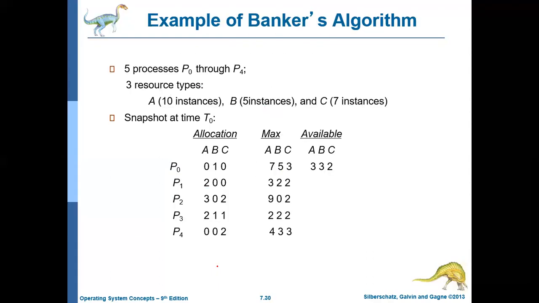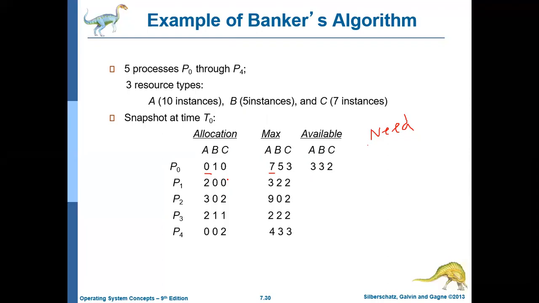So the need of P0 will be what? P0 will require a maximum of 7 instances of resource A, but 0 are allocated. So the need is max minus allocation. If I put need here just for explanation purposes, for P0, how many instances of resource A may it require in the future?